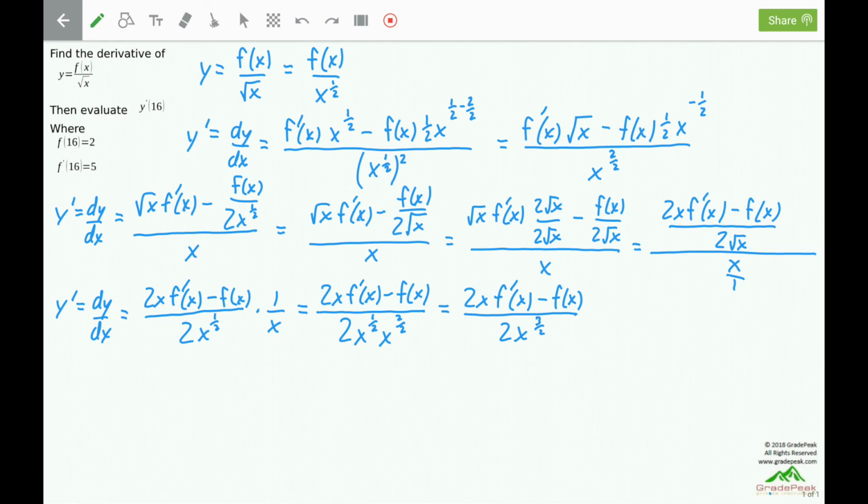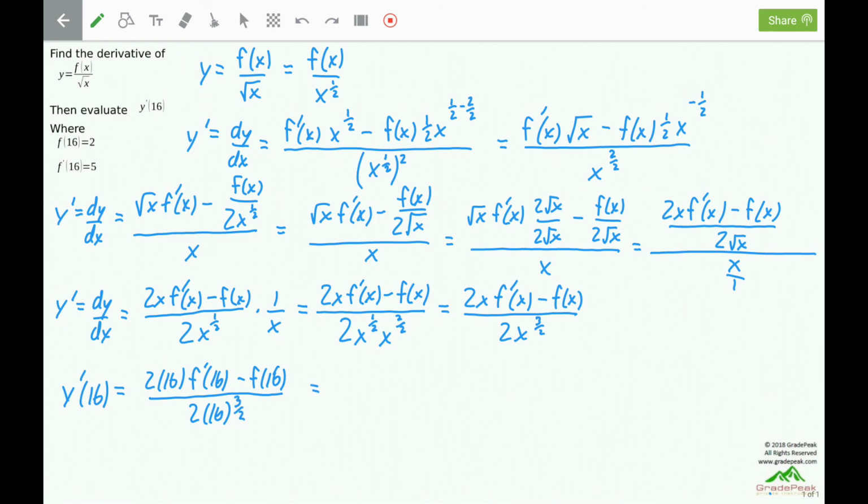Now the next step is to evaluate y prime of 16, and that means to plug a 16 into each of our x's. So we will have 2 times 16 times f prime of 16 minus f of 16. All of this is divided by 2 times 16 to the 3/2 power.